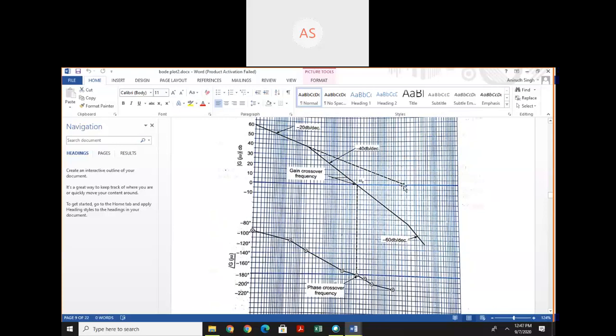This is 1000. Start from this point and draw a line of minus 20 dB per decade and produce it till it crosses the y-axis at this. And this is the starting point of the Bode plot.